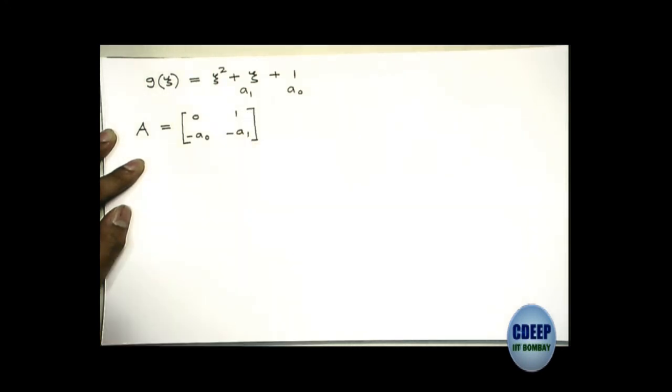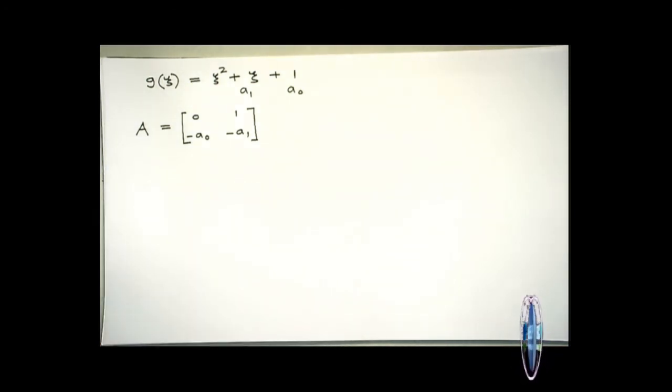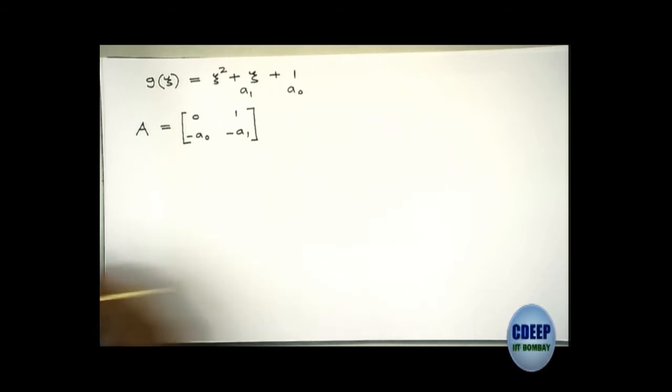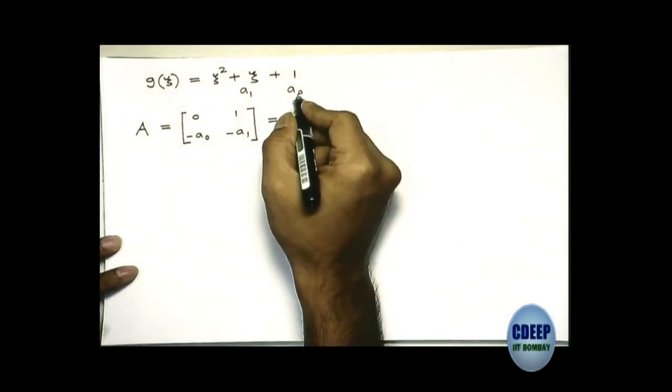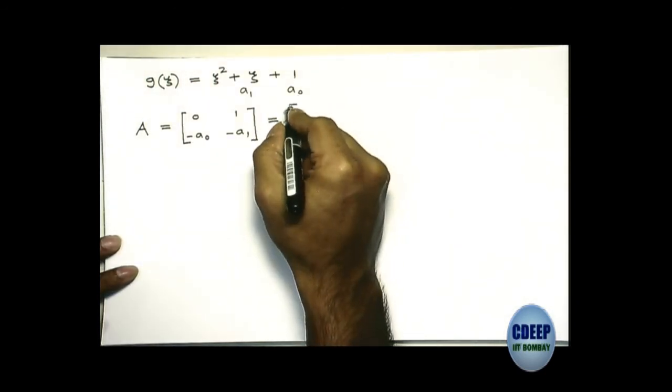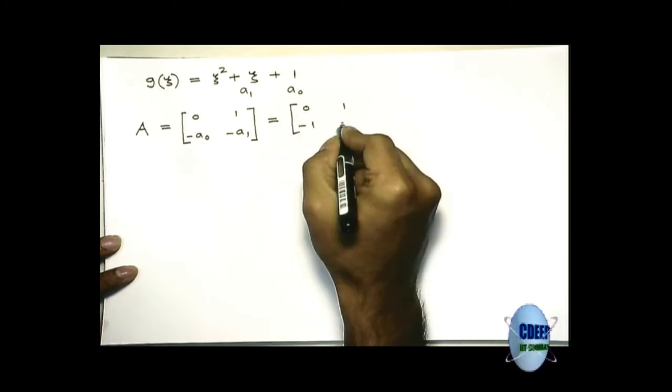I am sure you have seen this matrix. This is the so called companion form matrix, right? We have also seen it while we were obtaining first order representations using the phase variable form. We are precisely doing the same thing here. In this particular case, because A0 is 1 and A1 is 1, what we should get here is 0, 1, minus 1, minus 1.